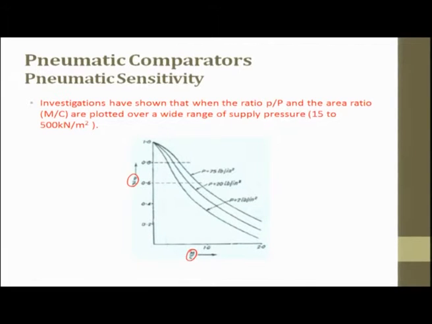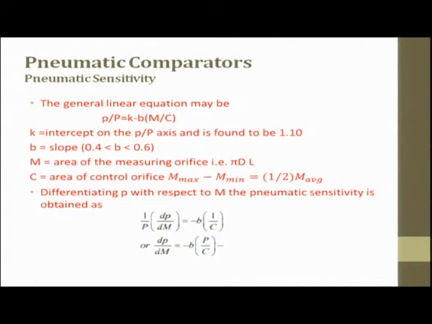We try to put these two in ratios, take a linear range wherever it is there, and try to operate our device within that linear range. Investigations have shown that when the ratio P by P and the area ratio M by C are plotted over a wide range of supply pressures from 15 to 500 kilonewton per meter square, the general linear equation may be written in this form.